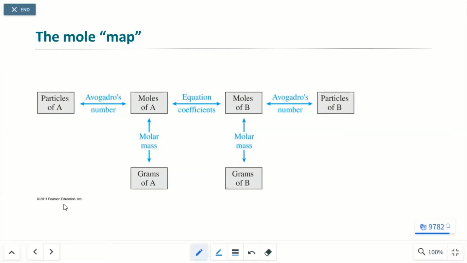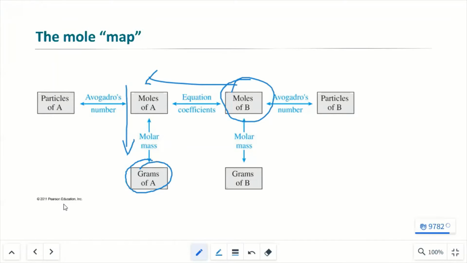What this allows us to do is, if we are presented with a problem, now we can tie it together. Let's say I want to know the number of grams of one substance based on the moles of another. Well, I can clearly see, using this map, that there is going to be a 2-step calculation involved.